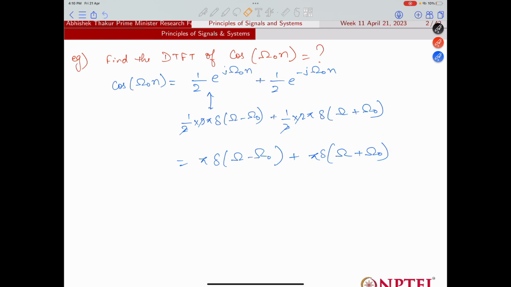So finally the DTFT of cos omega naught n is equal to pi times delta of omega minus omega naught plus delta of omega plus omega naught. So this is the DTFT of cos omega naught n.